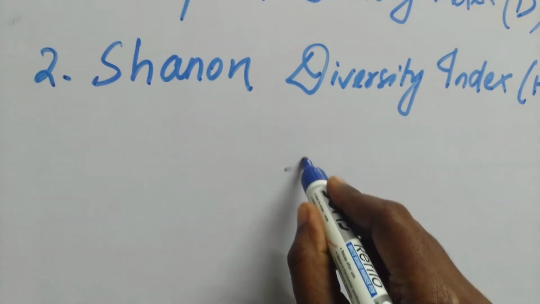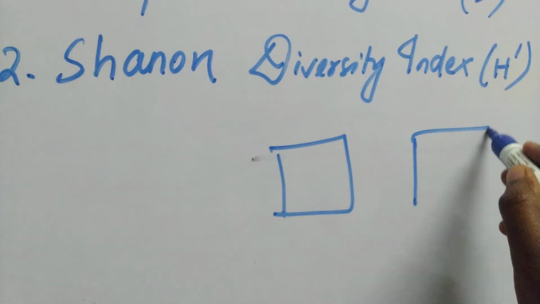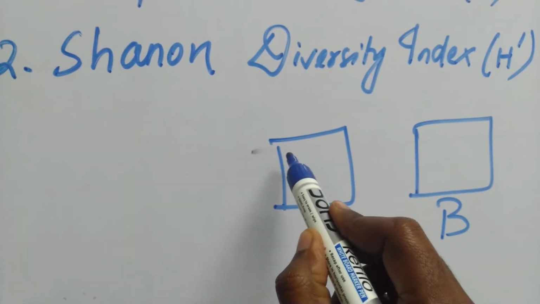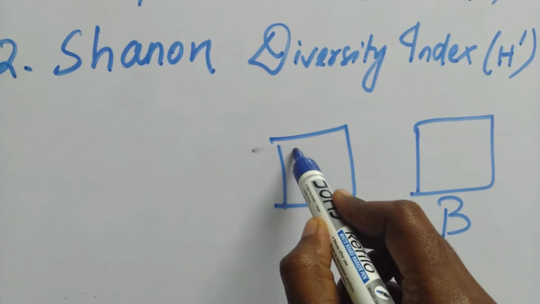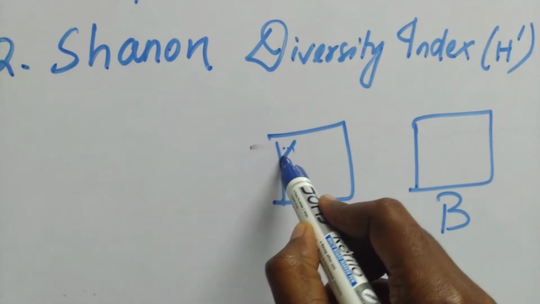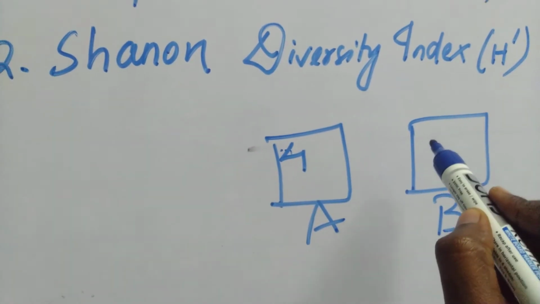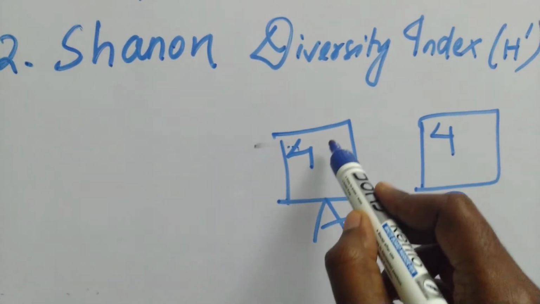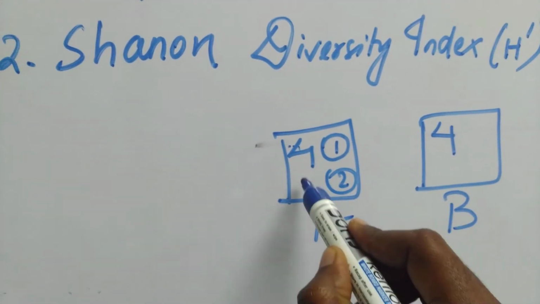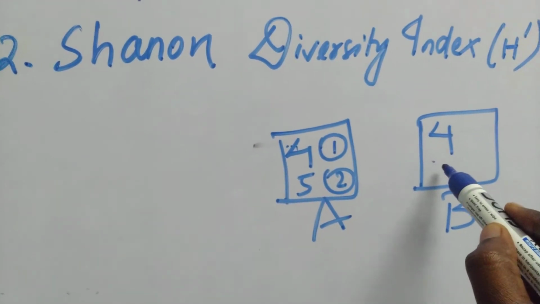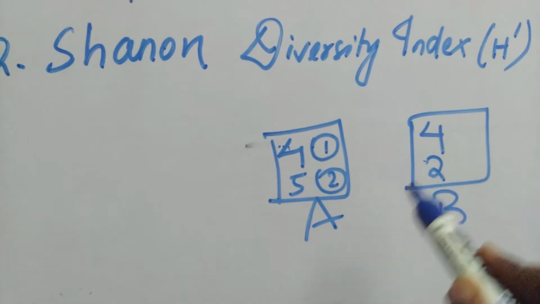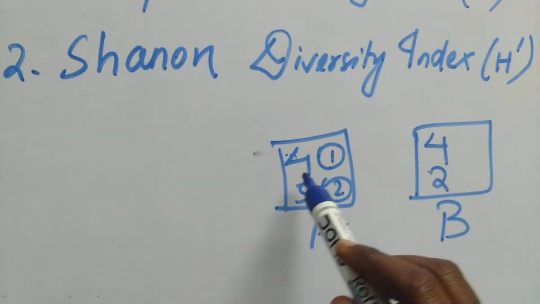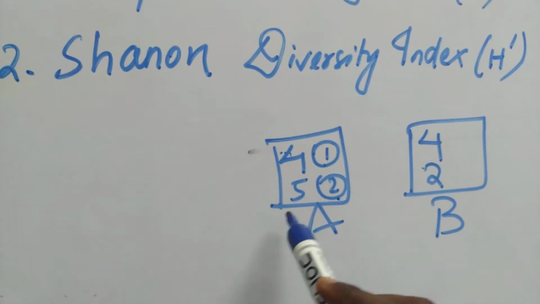If this is sample A and this is sample B, the number of individuals in species 1 is 4 in both, and the number of individuals in species 2 is 5 in A and 2 in B. So you can say species 1 is even in both cases, but species 2 is not even.